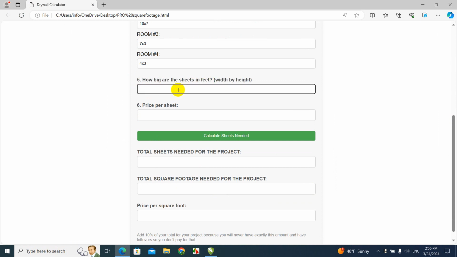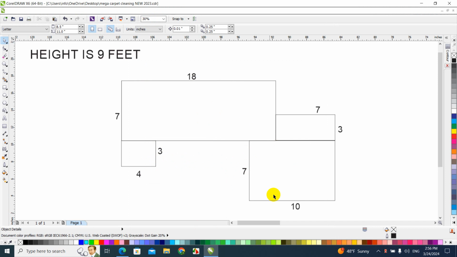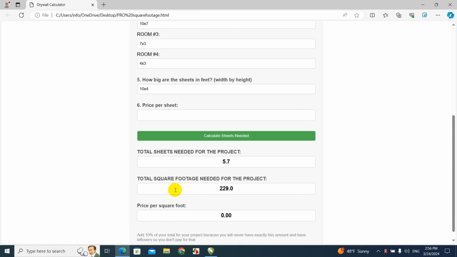Okay, so if you're gonna use sheets of 10 by 4, this is just an example, okay? And you calculate, and it's going to give you how many sheets you're gonna use for just the ceiling of this entire house. And it even tells you the square footage of that, 229.